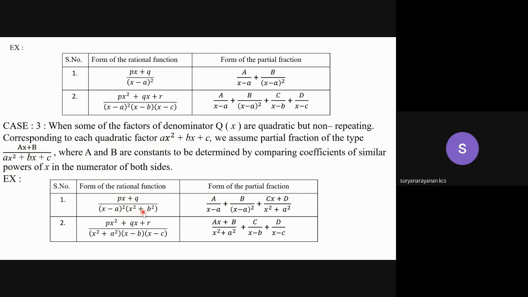So here this is an irreducible quadratic polynomial. So corresponding to this irreducible quadratic polynomial, we wrote a partial fraction (cx plus d) by (x square plus a square). Understood this partial fraction corresponding to this quadratic polynomial?